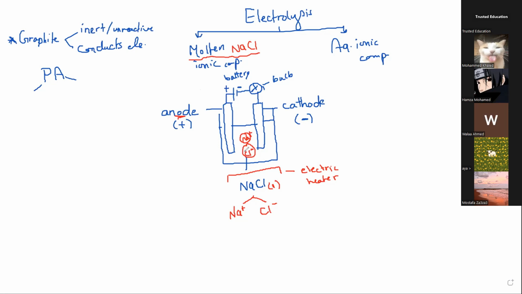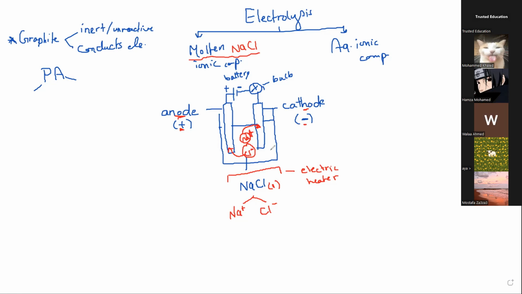Okay. The chloride ion will be attracted to the anode. Why? Because chloride has a negative charge and the anode is positively charged. While the sodium ion is going to be attracted to the cathode, because the cathode is negatively charged and the sodium is positively charged.